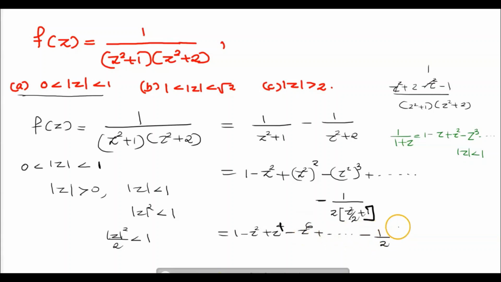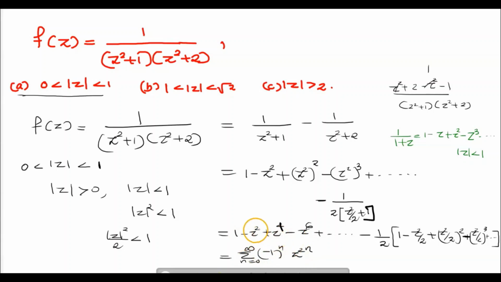Minus 1 by 2 into, this is 1 by 1 plus z square by 2. That means 1 minus z square by 2 plus (z square by 2) all square minus (z square by 2) all cube etc. So we can write it as series n equal to 0 to infinity, minus 1 power n, z raised to 2n.